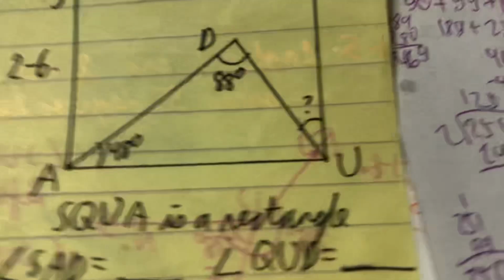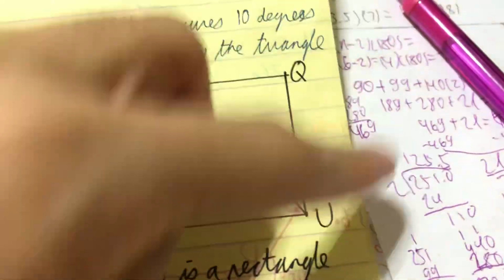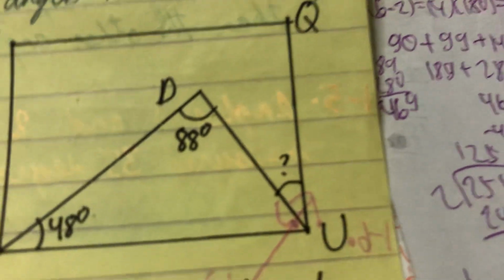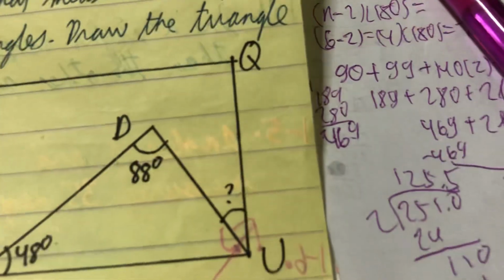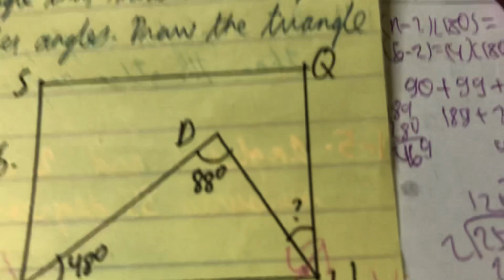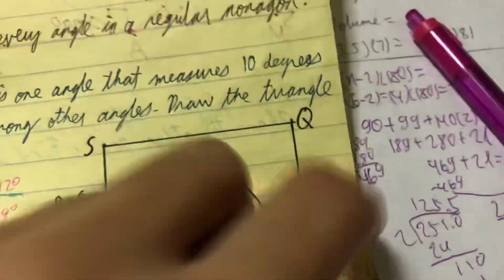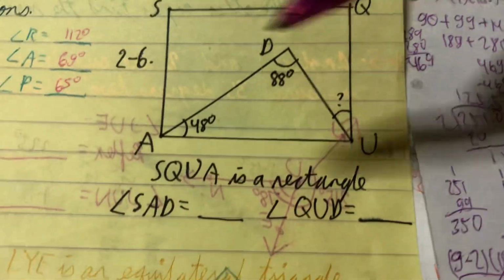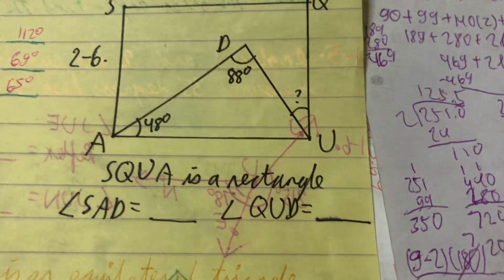But the clue there is, it says that SQUA is a rectangle. A rectangle is a quadrilateral whose angles are 90 degrees and whose opposite dimensions are equal. First of all, we need to solve for angle SAD and QUD.